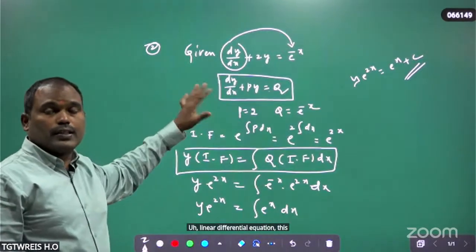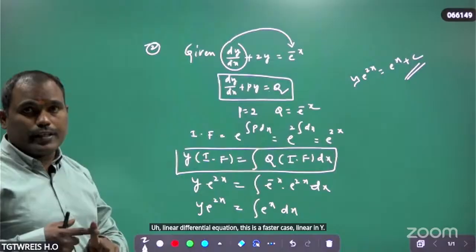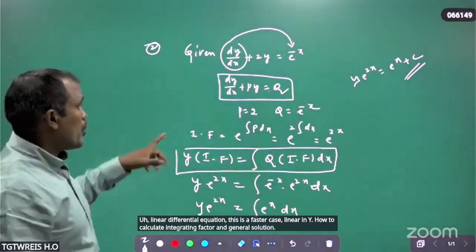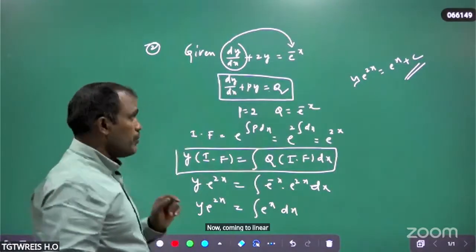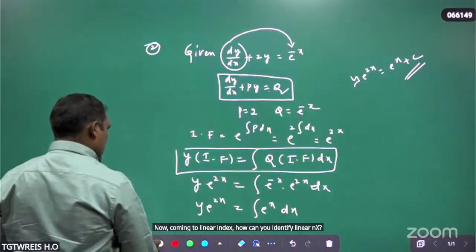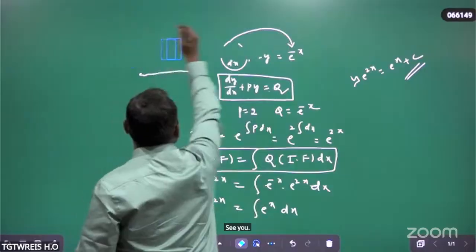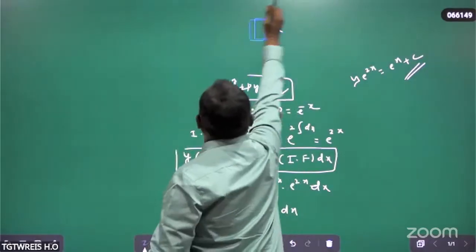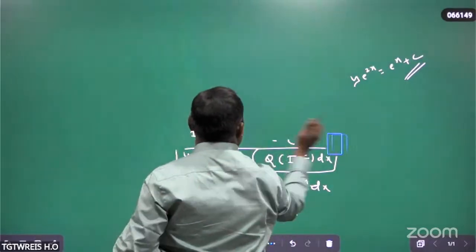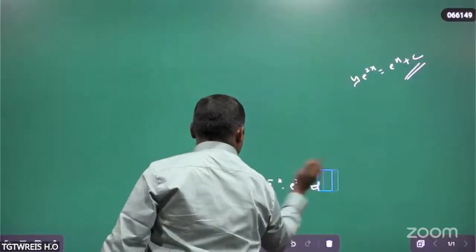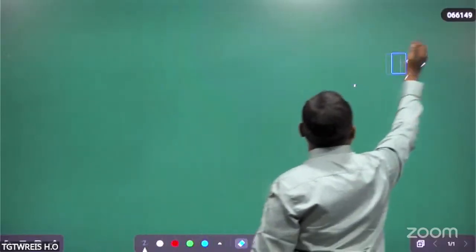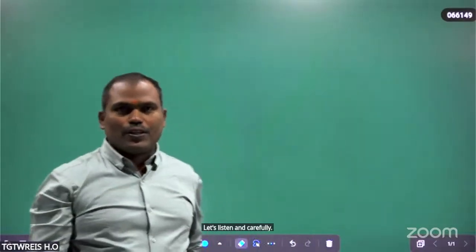This is the first case, linear in y: how to calculate the integrating factor and general solution. Now coming to linear in x, how can you identify linear in x? I hope all of you understood now.